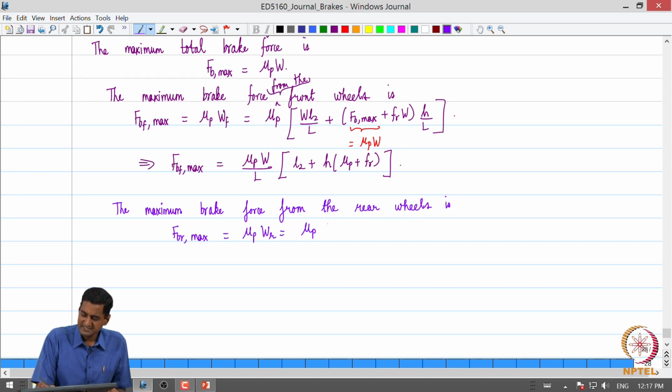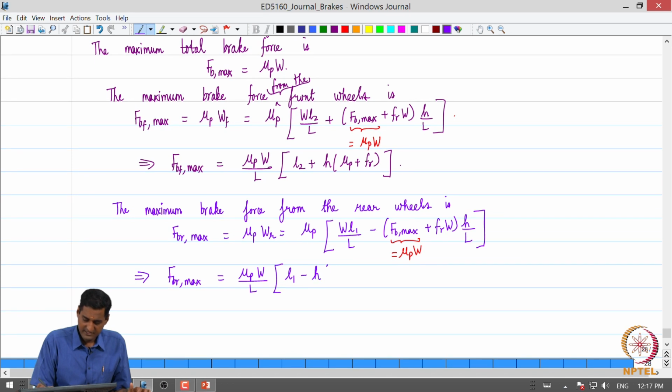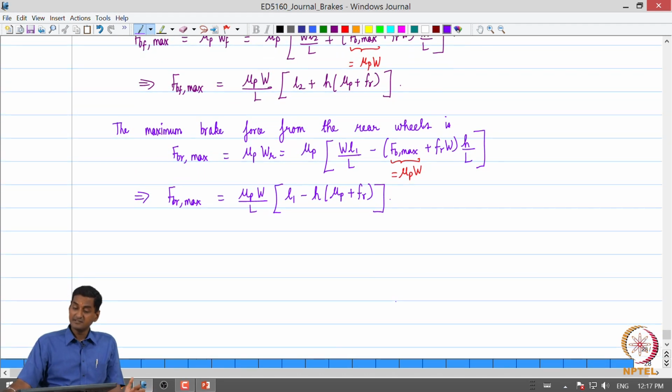Following the same process, it is mu p times W L1 by L minus FB max plus FRW times H by L. Once again, this FB max is nothing but mu p times W. If we substitute, we get the final expression: FBR max is equal to mu p times W by L times L1 minus H times mu p plus Fr. So this is the maximum brake force at the rear wheels.